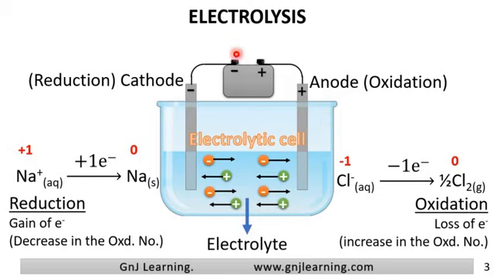Now we have a battery here. Battery is producing electricity. So how is it producing electricity? There are certain reactions going on inside the battery. They are spontaneous redox reactions. When you connect it to the electrode through the electrolyte, suddenly the reactants start mixing here.